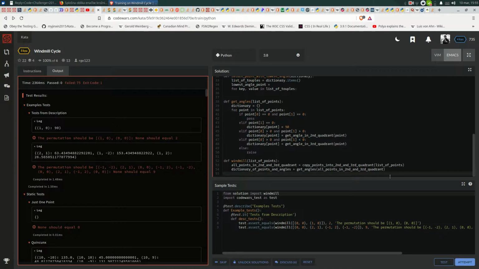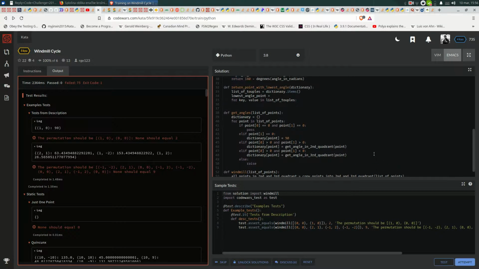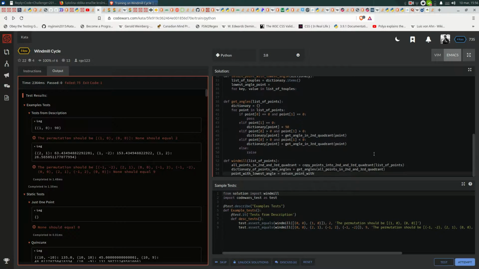Here we say point with lowest angle is return point with lowest angle.